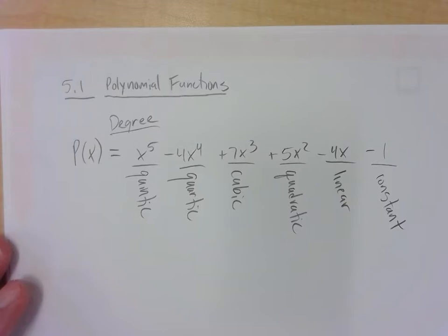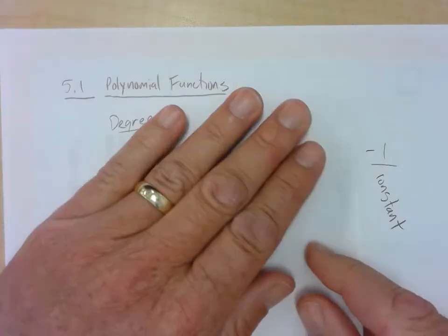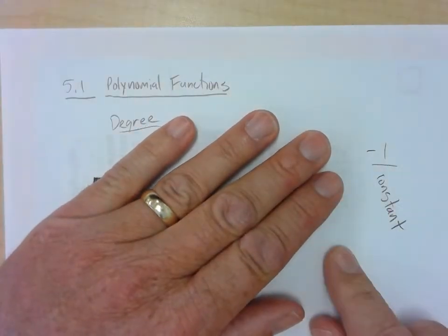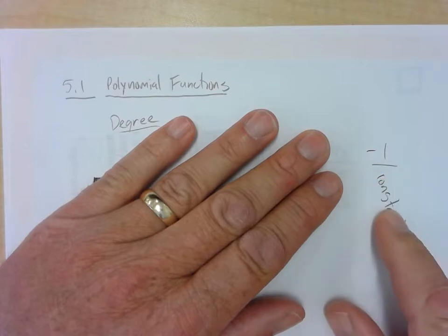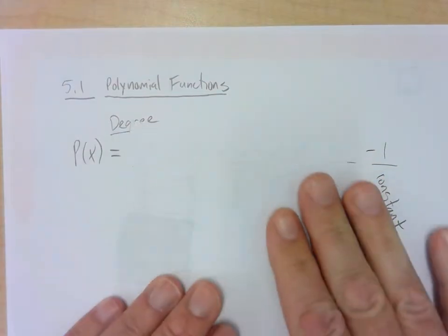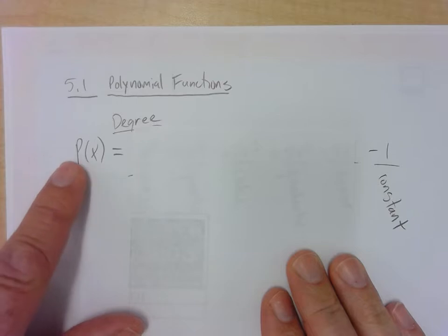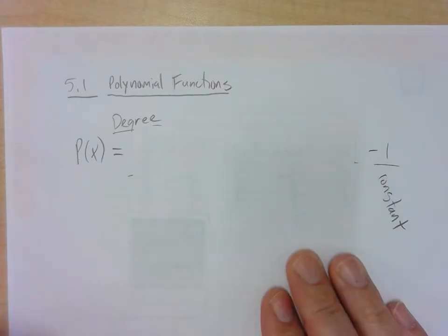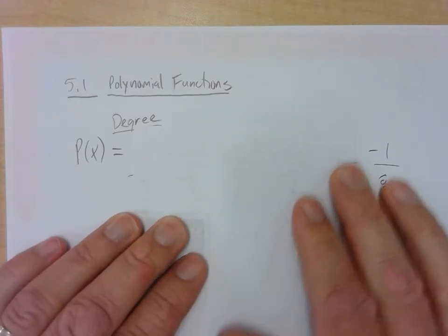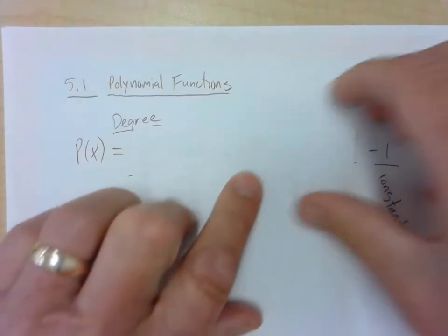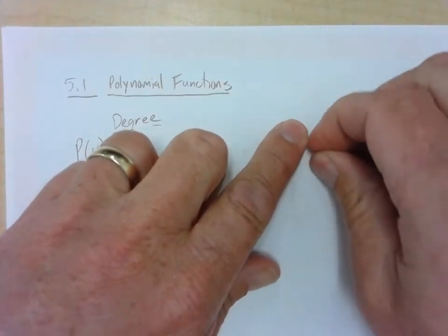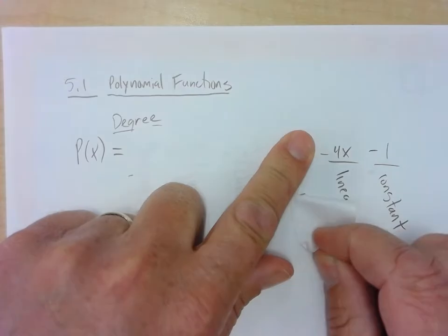So I'm going to get a cover sheet here. So if it's just this one thing here, we would say, oh, that's a constant. -1, that's a constant. So you could say p of x equals -1. That's a constant polynomial. But then as you move across here, you're like, well, what if it had this part? So that'd be linear, right?